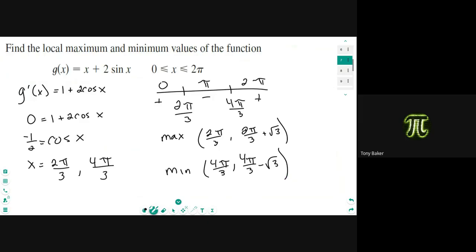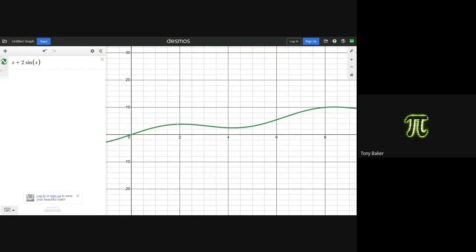And yes, you can write them into Alex just like that. The sine of those two are square root of 3 over 2. This is actually what this graph looks like. So those are the two values.